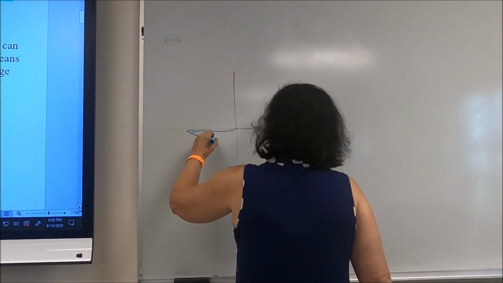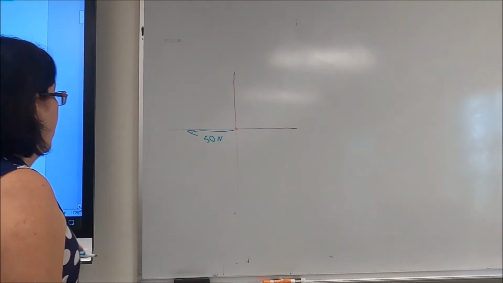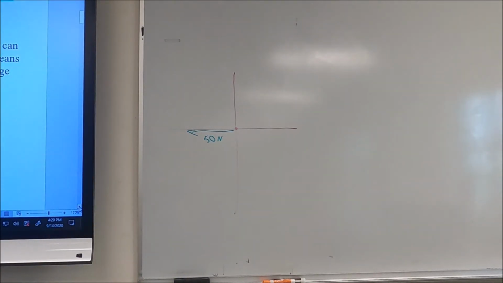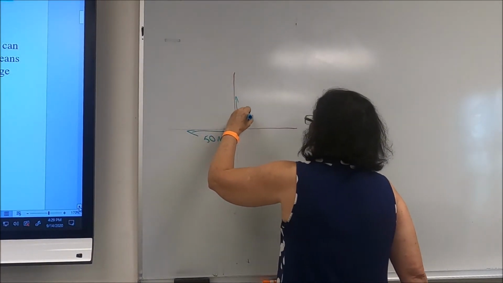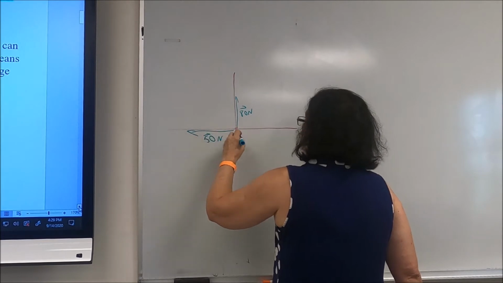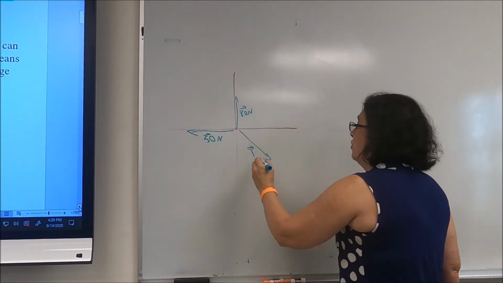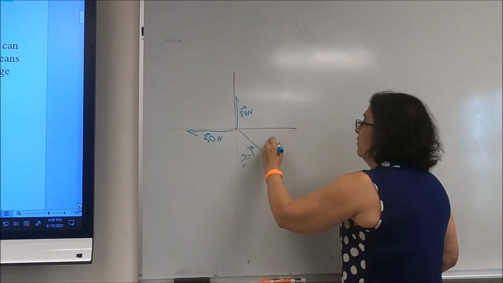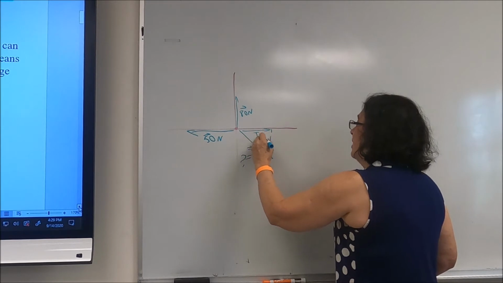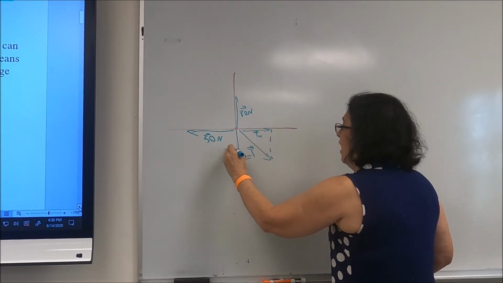And there is a force along the y-axis that's an 80 Newton force. And then we've got a force T here, which we don't know. Well, think about this. There's going to be a TX force and a TY force.